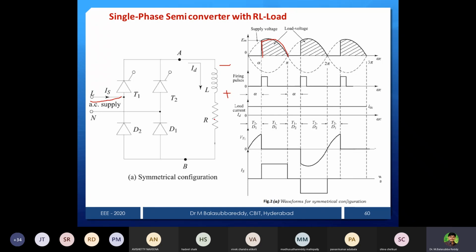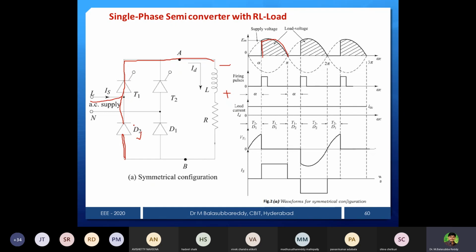Now after pi, which device is going to conduct? After pi, the lower group device is forward biased. We can see that D2 will be forward biased. The reason is plus is connected to the anode of D2, and minus is connected to the cathode, since T1 is already conducting.